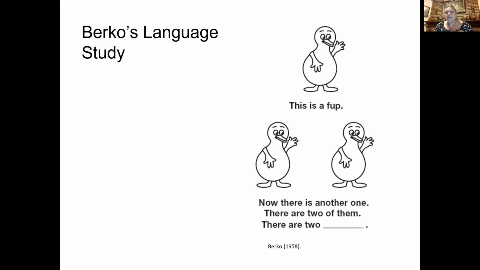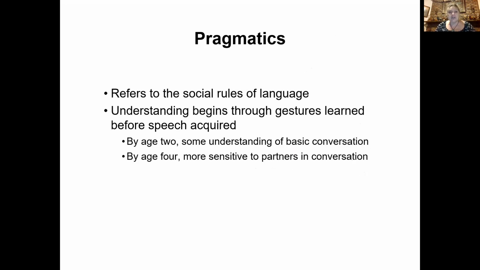And the child will say, "Fups. There are 2 fups." Even though they have never heard the word fup before or seen a fup in their life, they were able to understand and properly use the correct grammar for the plural form of fup, which would be fups. So that was just kind of an interesting demonstration of how well children, even at the age of 4, are able to understand and utilize the grammar of their own language.